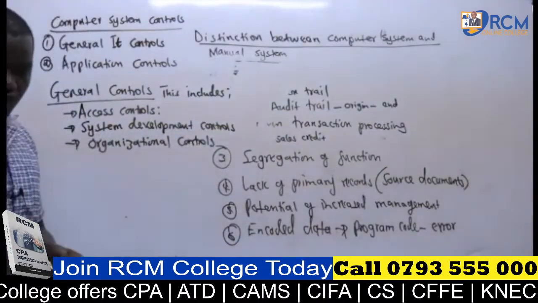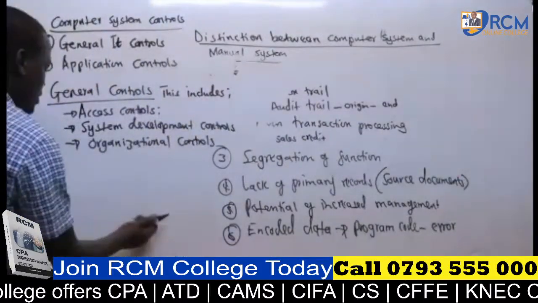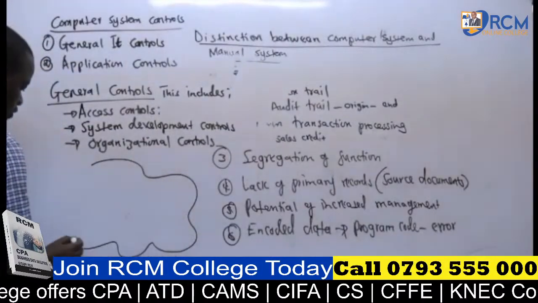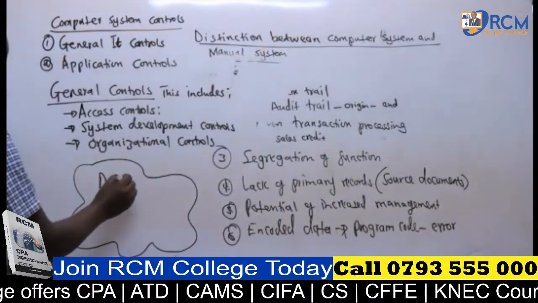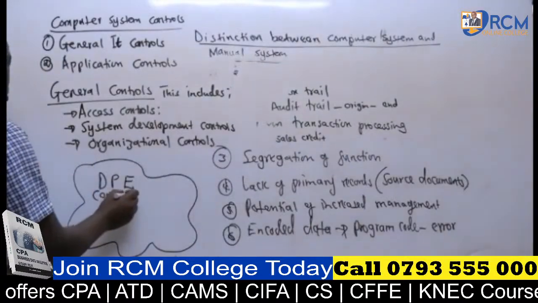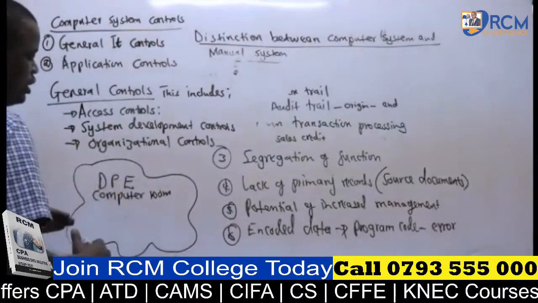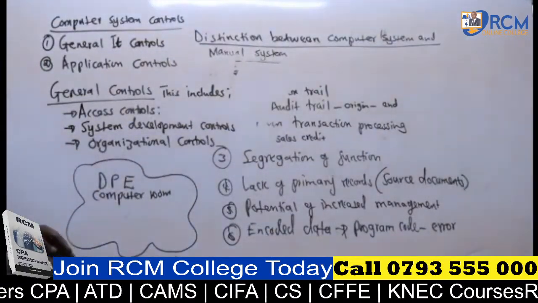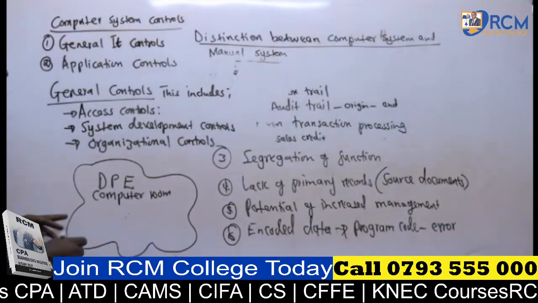So class, whenever we talk about general controls, what does it mean? Assuming that this is the data processing environment, or the computer room, this environment needs to be protected by having control measures put in place.